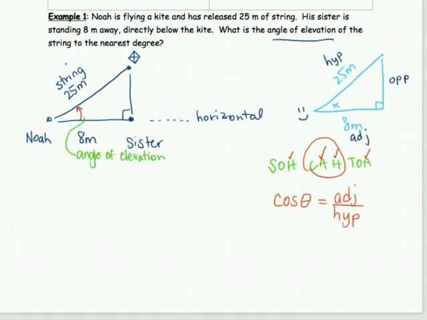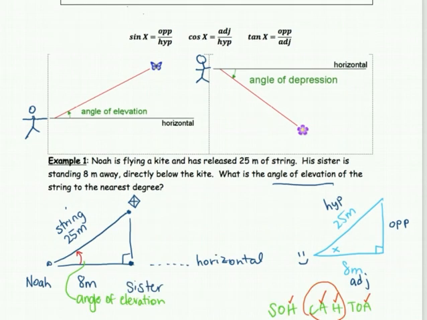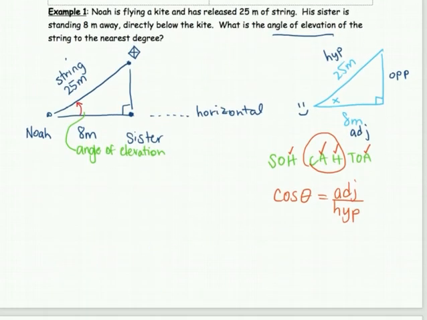Okay, so I'm just going to try to give myself more space here, or whatever, I'll squeeze it in. Okay, so let's go through cosine of x, we don't know, we're trying to find that. Adjacent is 8, hypotenuse is 25. There we go. All right, we're going to move the cosine over.